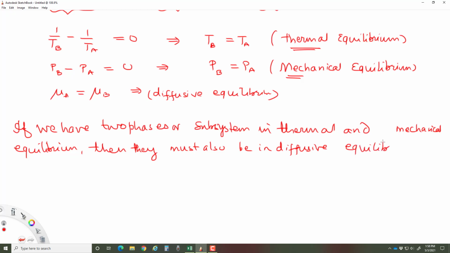That means there is no exchange of particles or chemical reaction.